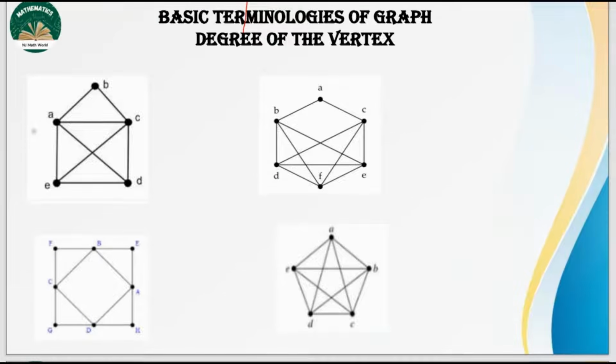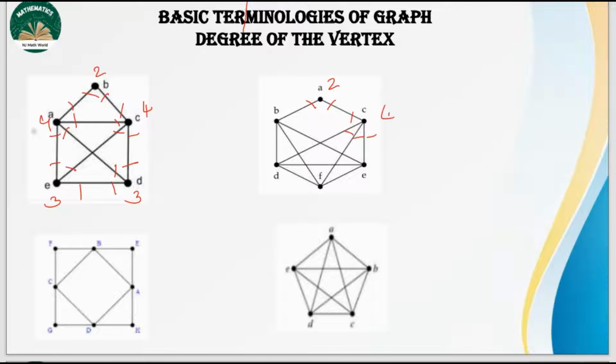Now let us find out the degree of the given graph. For B, it is 1, 2, so degree 2. Here 1, 2, 3, 4, we have 4. Here 1, 2, 3. Then here 1, 2, 3. Then here 1, 2, 3, 4. Here we have 1, 2, so degree is 2.